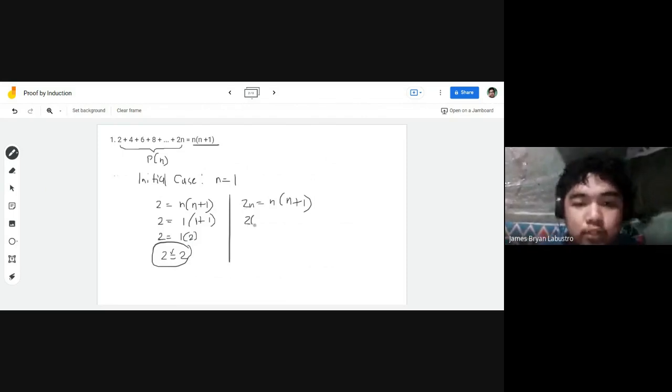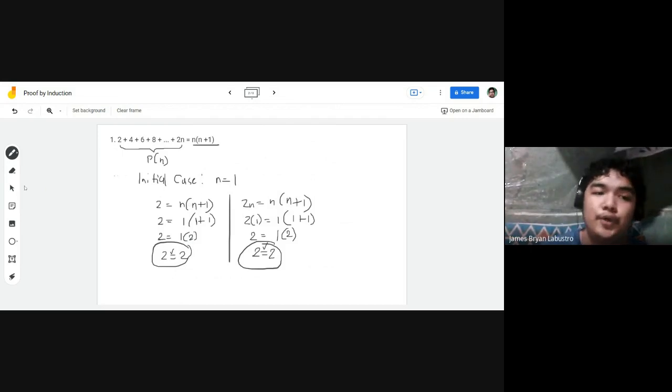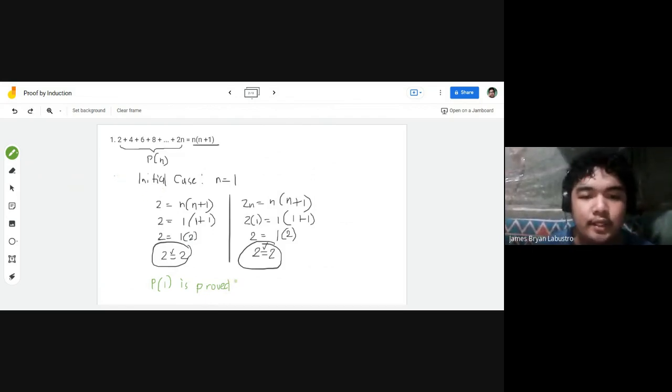So we have 2 times 1 is equal to 1 times 1 plus 1. So 2 is equal to 1 times 2. Therefore, we prove that 2 is equal to 2. So P of 1 is proved. That was the initial case. Check.